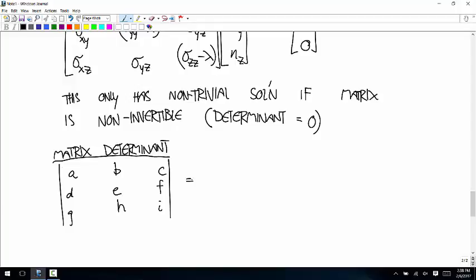That's equal to A times the quantity EI minus HF, minus B times the quantity DI minus GF, plus C times the quantity DH minus GE.